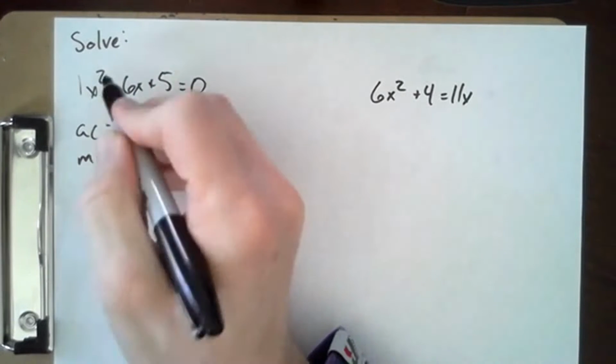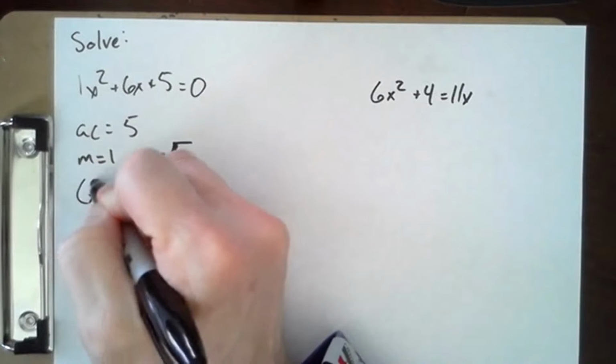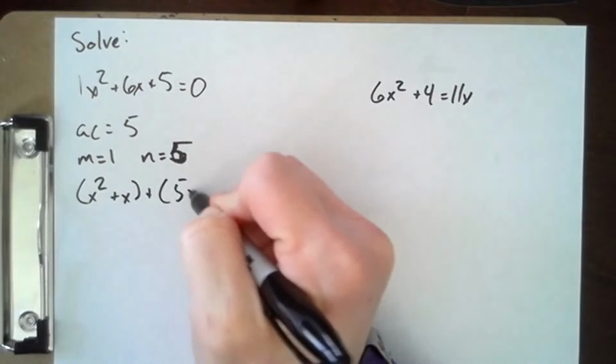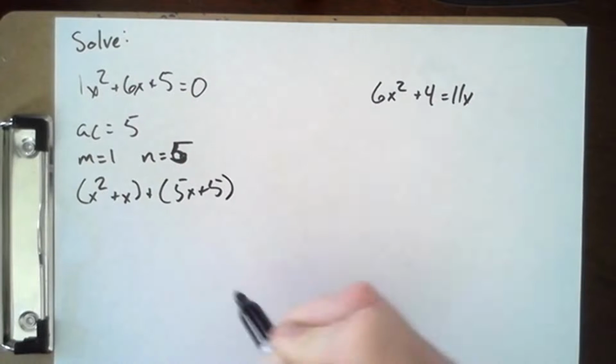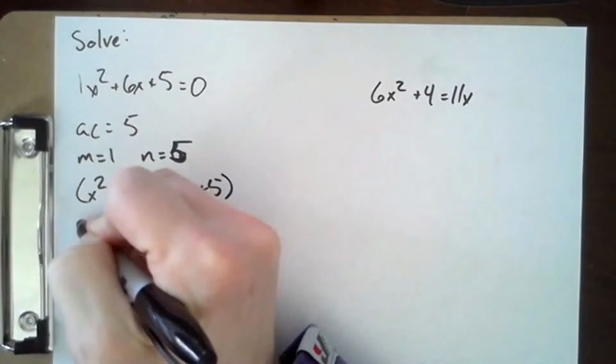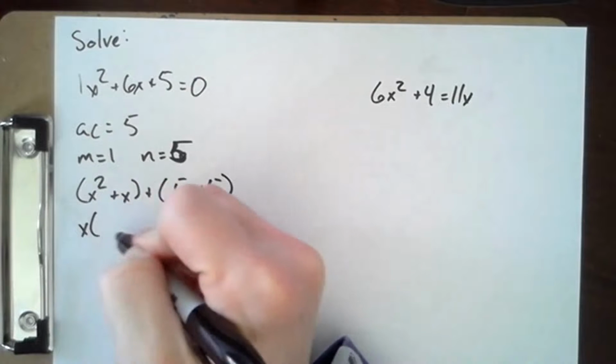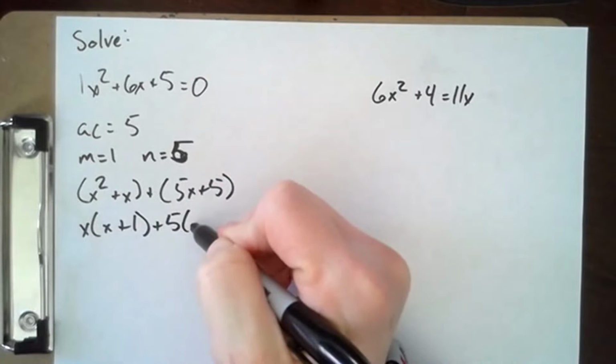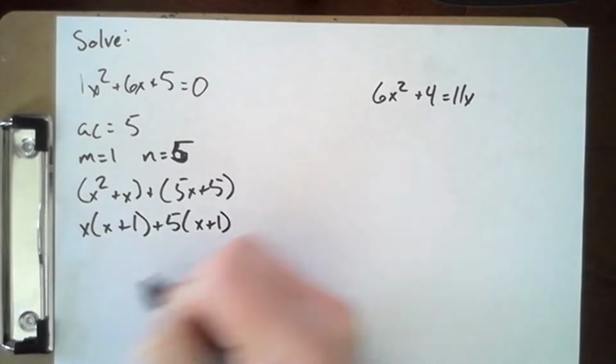Okay, so I can rewrite my original equation as x squared plus x plus 5x plus 5. I factor an x out of the first two terms to get x times x plus 1, and a 5 out of the last two to get 5 times x plus 1.